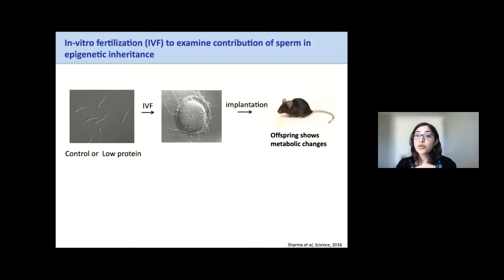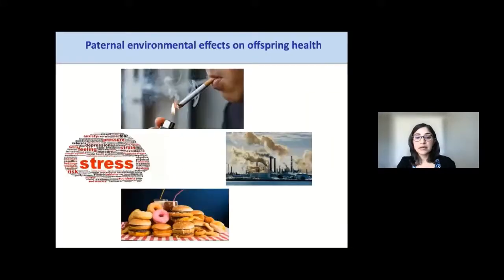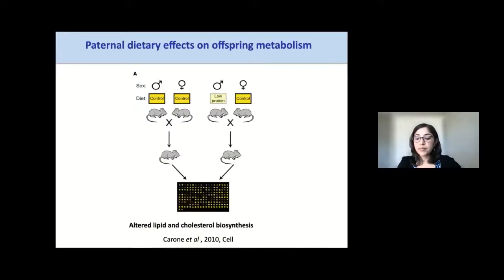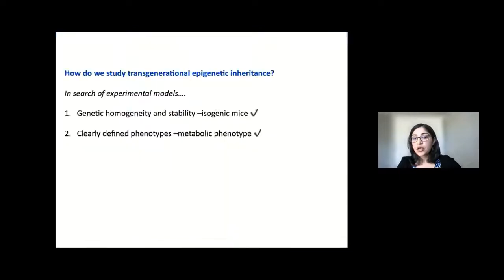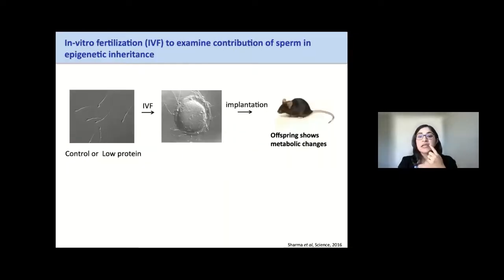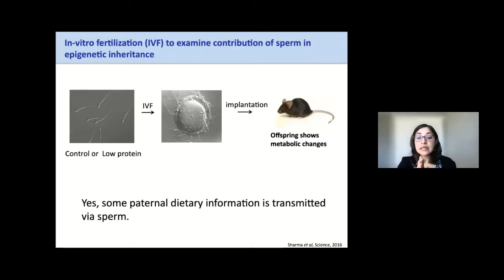What we found was that in this case, when we only use the sperm from the male and not the whole male to mate with the female, we still saw the changes in the offspring that we saw in natural mating, the lipid and cholesterol changes. So this suggested that in fact, this epigenetic information is indeed carried in the sperm. So this information of the paternal diet is carried in the sperm.